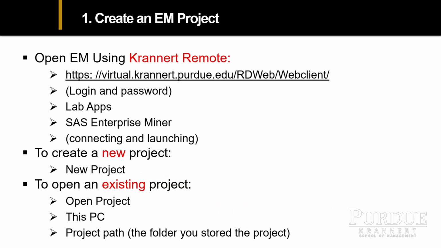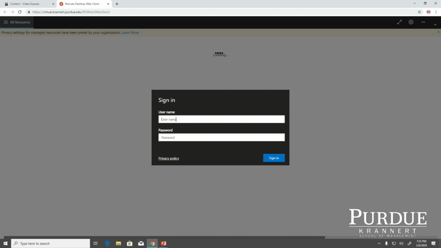So the first step is to create an EM project. We will use EM that's available in the CRANET remote access. You don't need to download it onto a local machine. Instead, you can click this link to virtual CRANET and sign in using your Purdue career account.